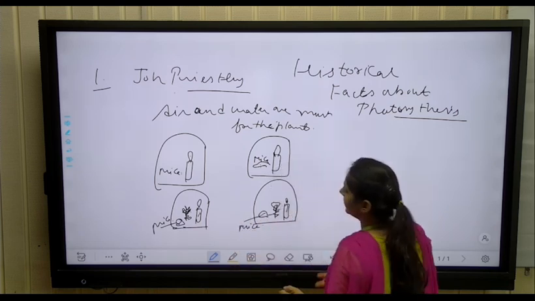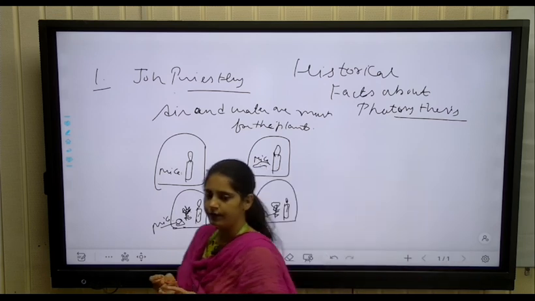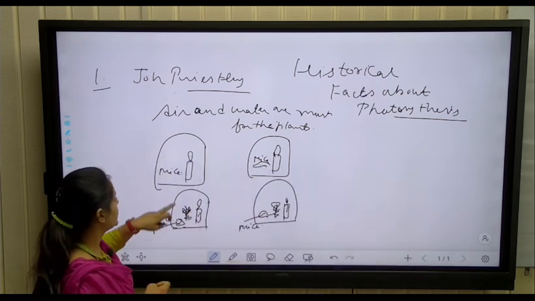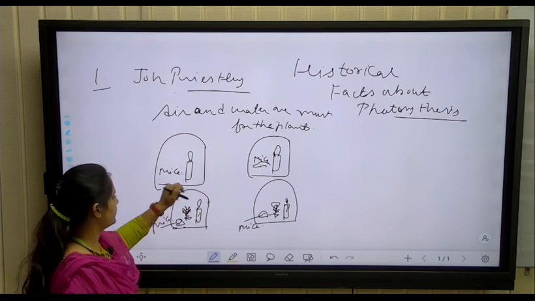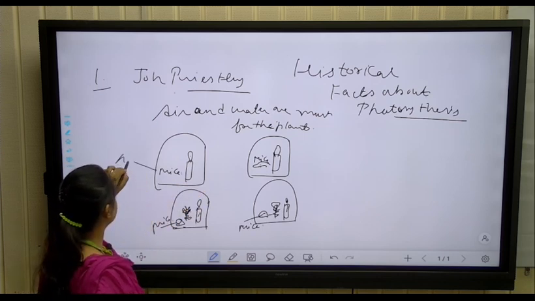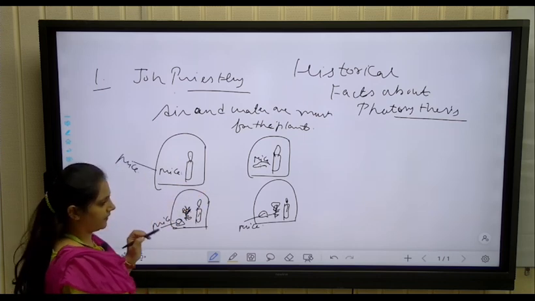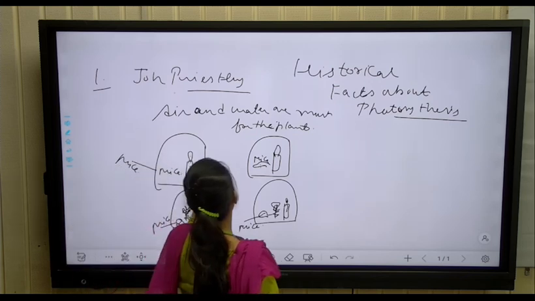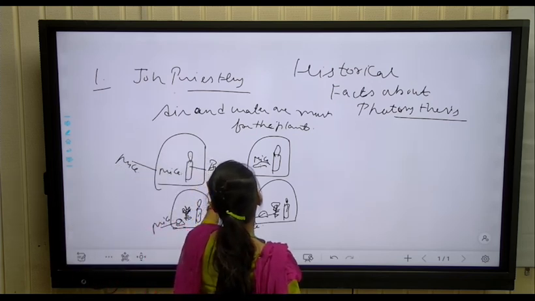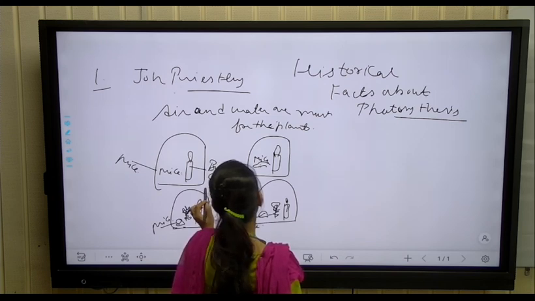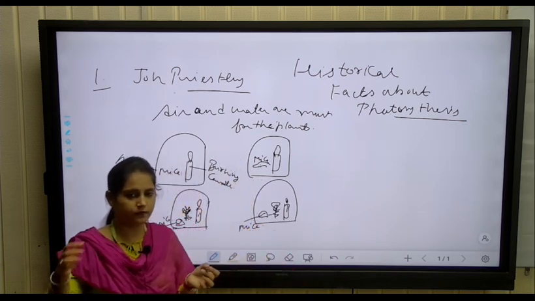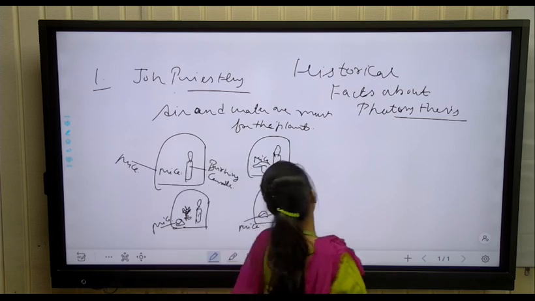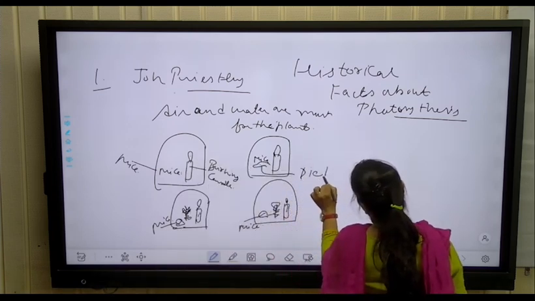So, what did he do? He took a jar and placed a burning candle and a mice in a closed jar. After some time, the mice died.